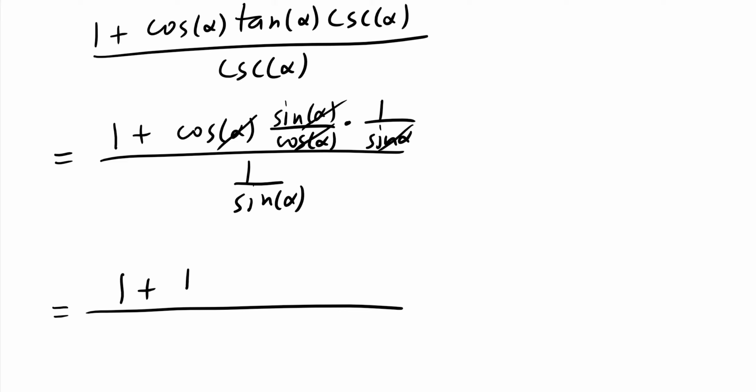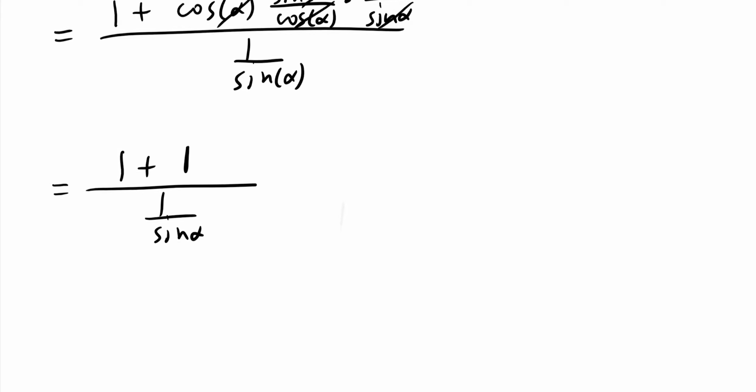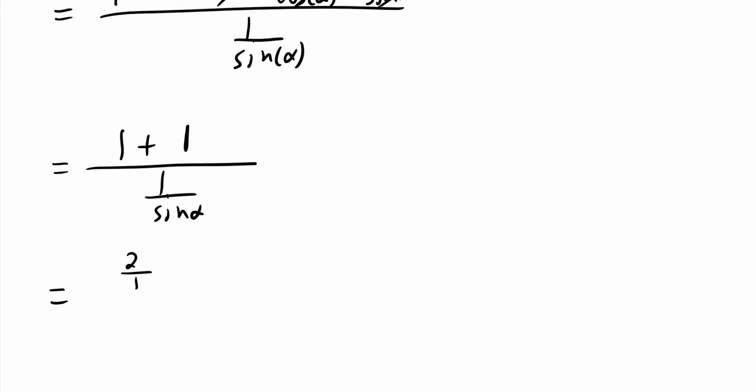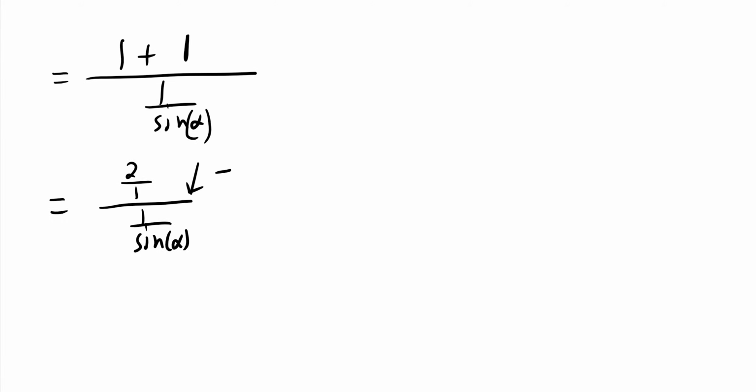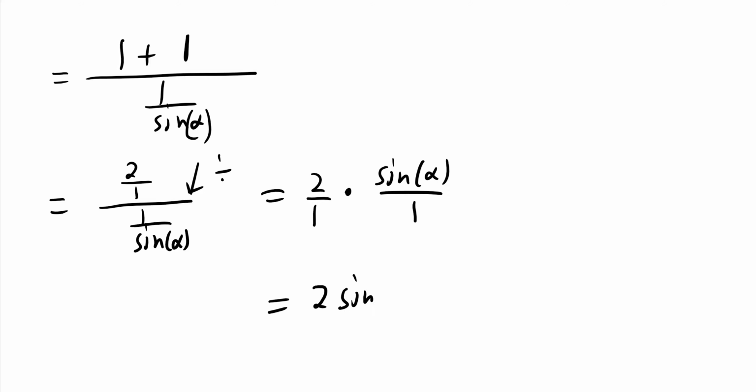So the whole thing simplifies down to 1 over sine. 1 plus 1 is 2. So 2 over 1 over sine. And this is again the division sign. So we have 2 over 1, we switch division to multiplication and flip the fraction, sine alpha over 1. So that gives us what we need.